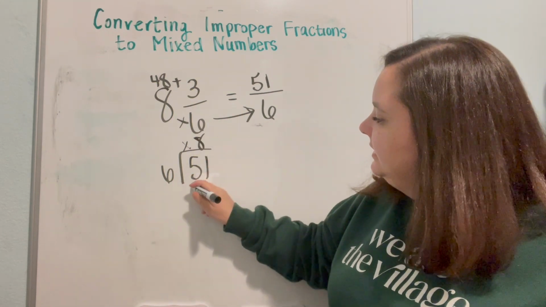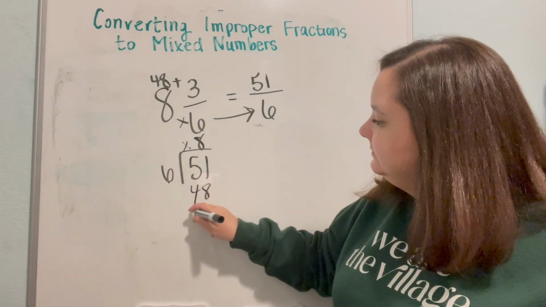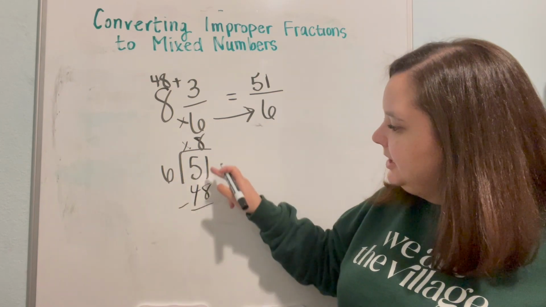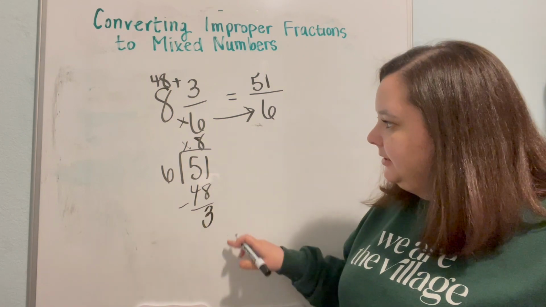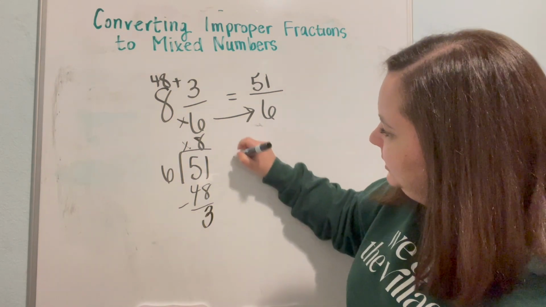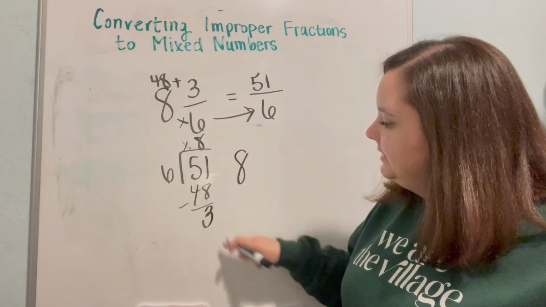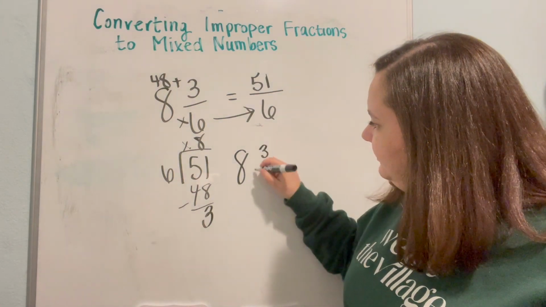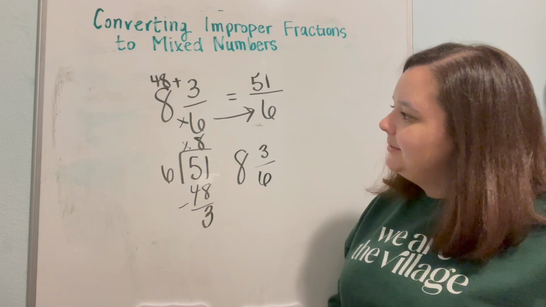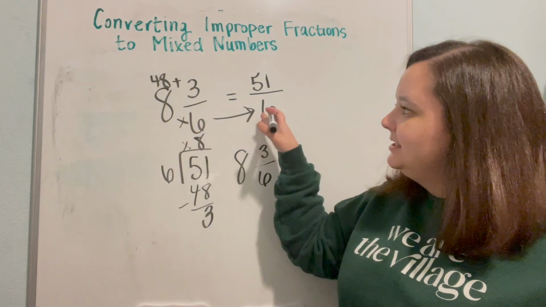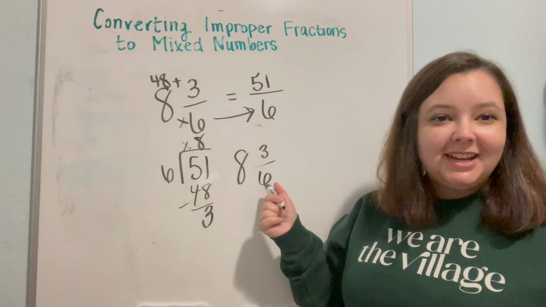And 6 times 8 gives me 48. Now I subtract 51 minus 48, which leaves me with a remainder of 3. So here we have our whole number of 8, our new numerator of 3, and our denominator stayed the same. So that's how we go from a mixed number to an improper fraction and how we can check it.